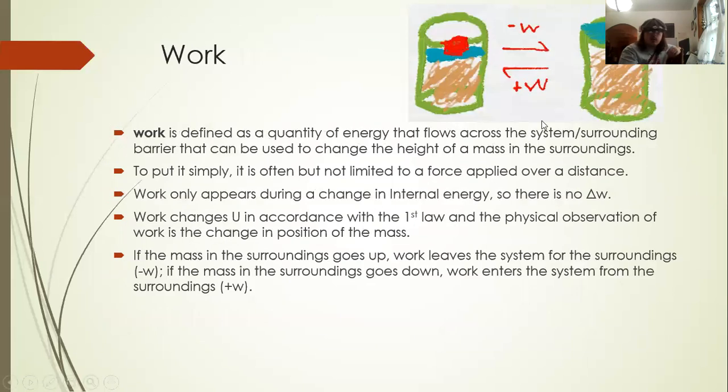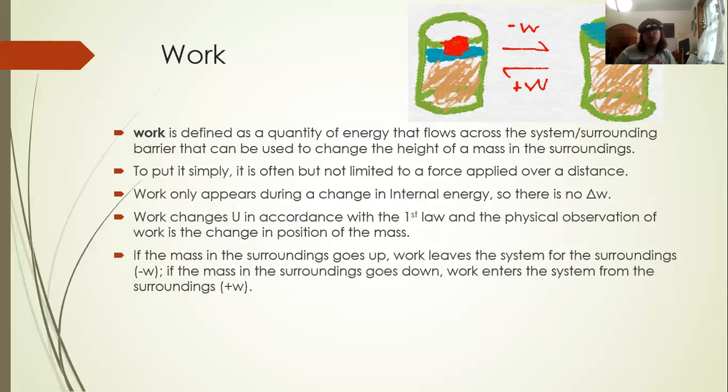Now work is defined as a quantity of energy that flows across a system-surroundings barrier that we can use to change the height of a mass in the surroundings. It's the easiest one. So I have a little piston in here with a movable wall with a mass on top. At equilibrium, the pressure of the mass down will equal the pressure of the gas upwards.